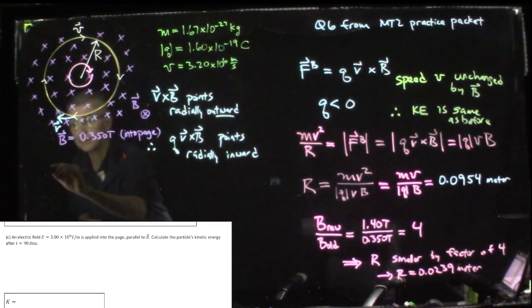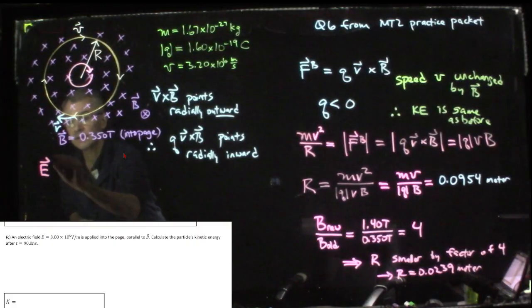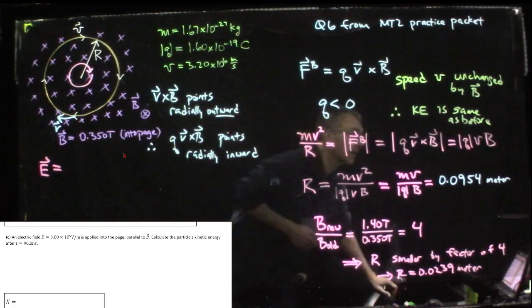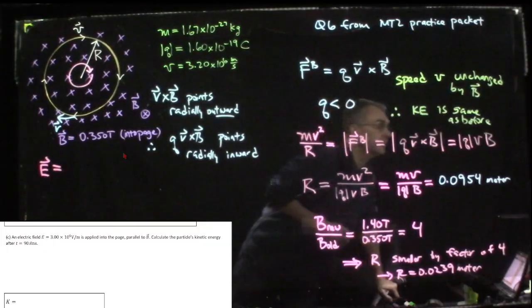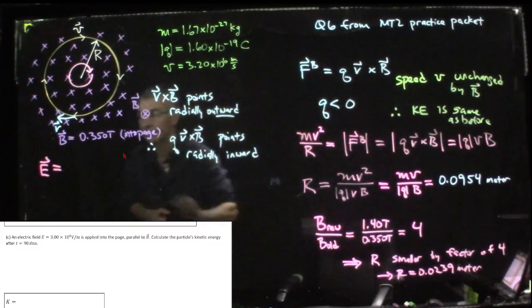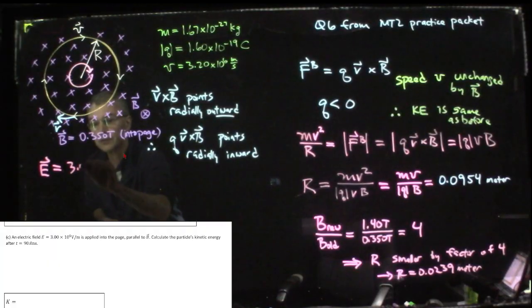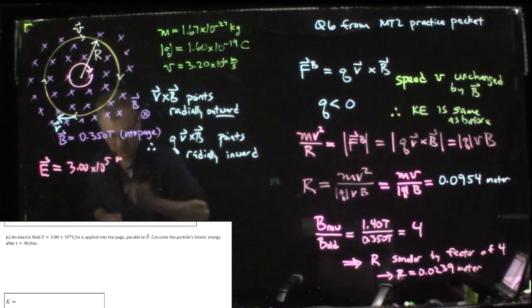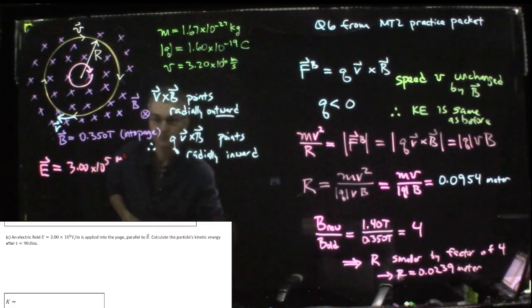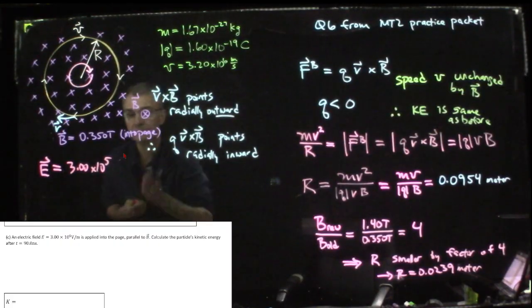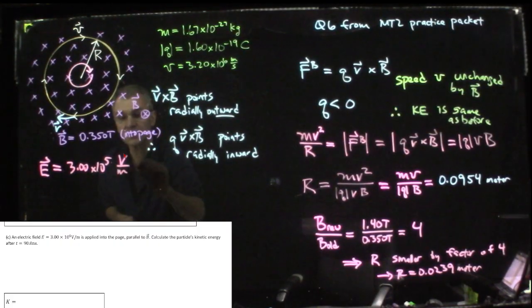So we have E is 3.00 times 10 to the 5th volts per meter, into the page.